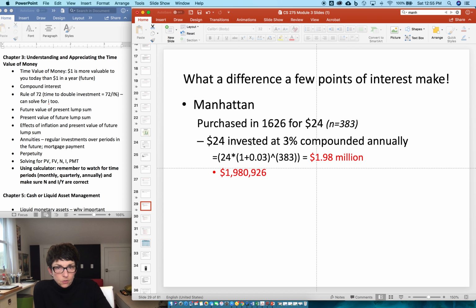So $24 invested at 3% per year for 383 years means that that would equate to $1.98 million today. Well, I'll be damned. I would totally buy Manhattan. I would leverage anything I had to be able to buy Manhattan today for $1.9 million.